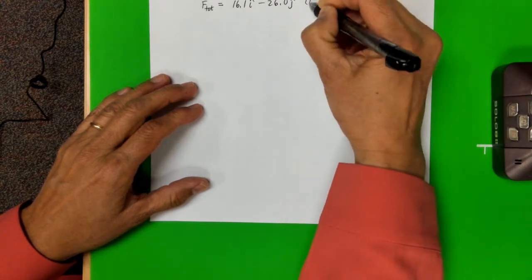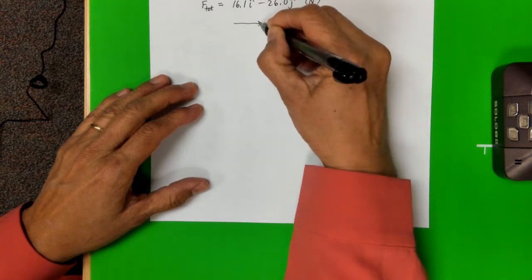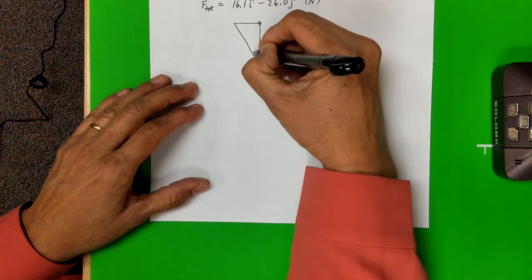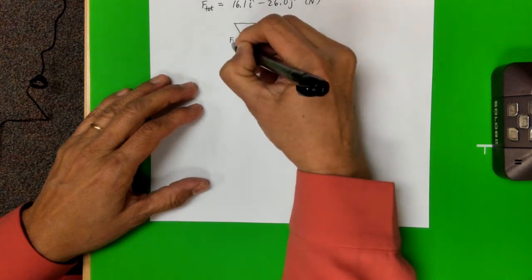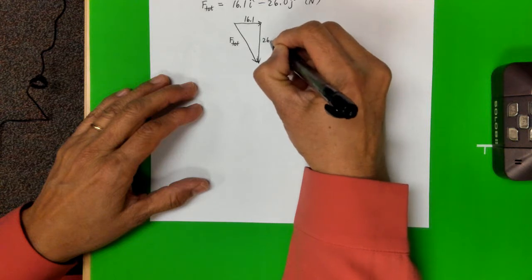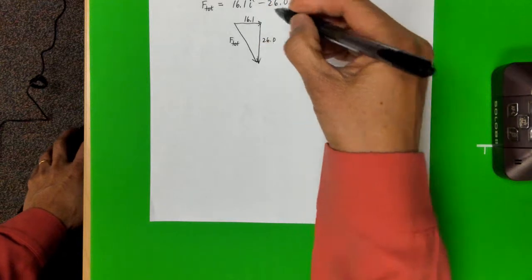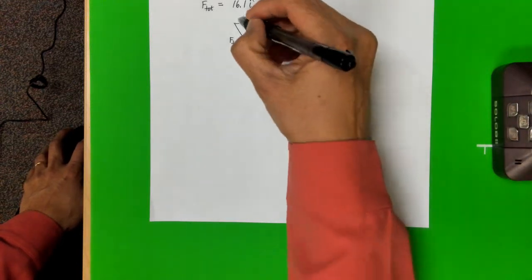Now what you have to do is kind of draw that. So it's a little bit to the right and it's a lot down. So therefore F total is over here. So you've got 16.1 to the right and then 26.0 down. I happen to prefer to write positive numbers.